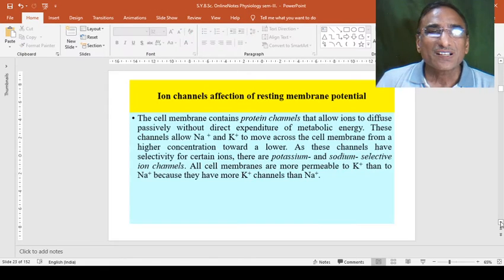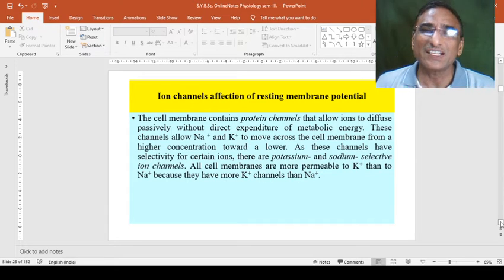Next, the ions moving through the membrane channels affect the resting membrane potential. How? By way of the sodium and potassium channels, which we will see here. The cell membrane generally contains protein channels. Membranes are made of protein and lipid molecules.